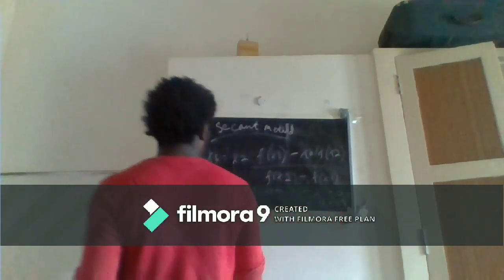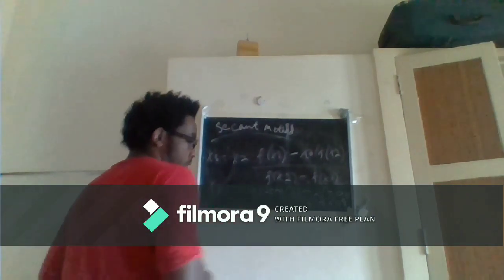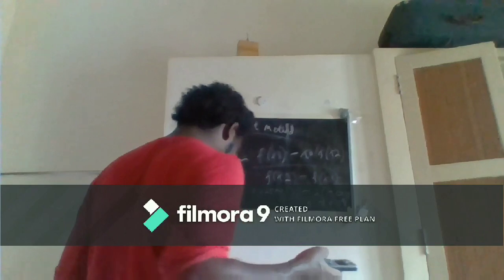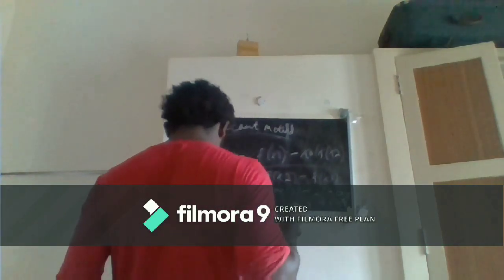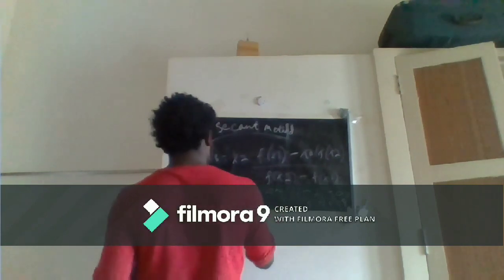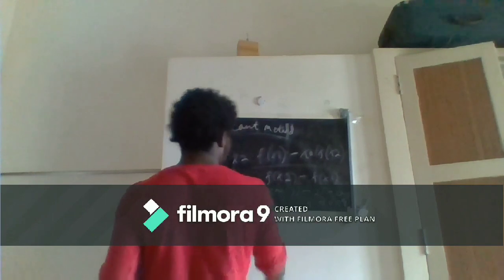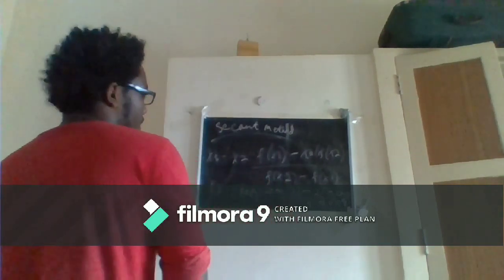When we use our calculator, we find that x3 is equal to 1.4073. This is x3.